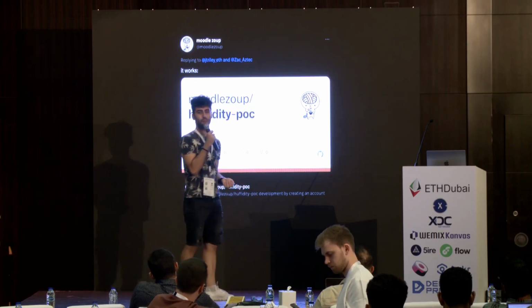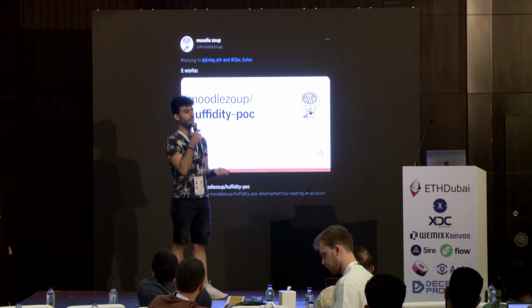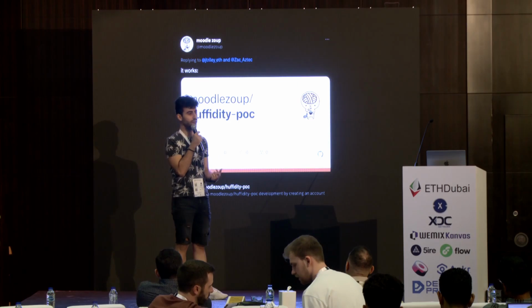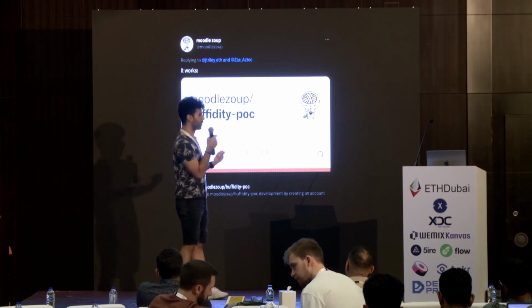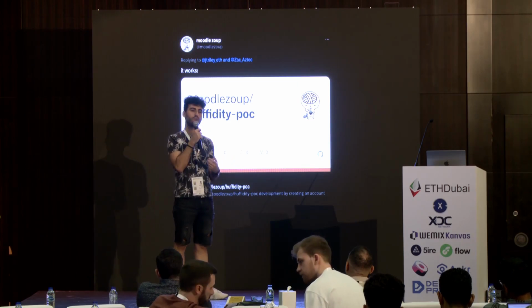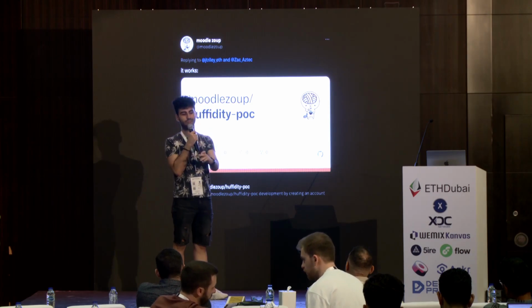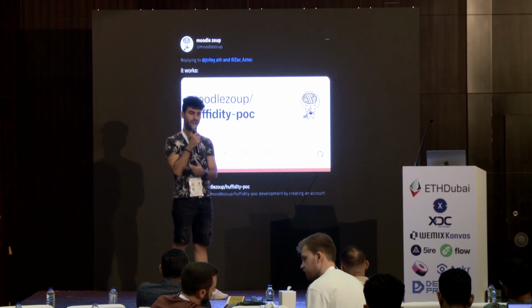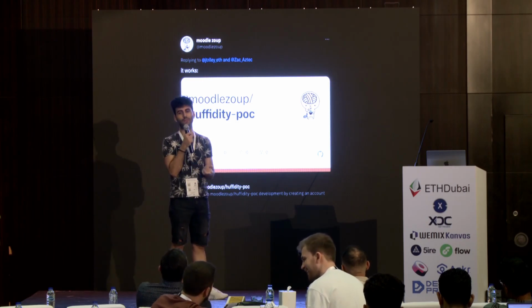So what is happening? Basically, the idea was, let's say you are making a Huff contract, a Huff library. What this proof of concept is doing is that it allows you to insert the bytecode of your Huff code directly inside of your solidity smart contract.